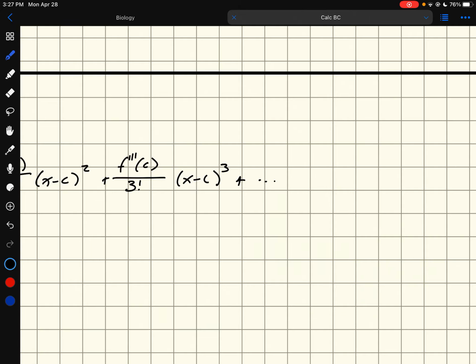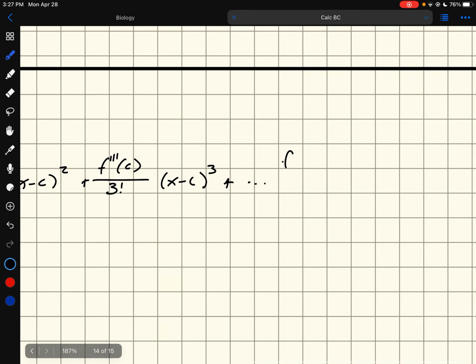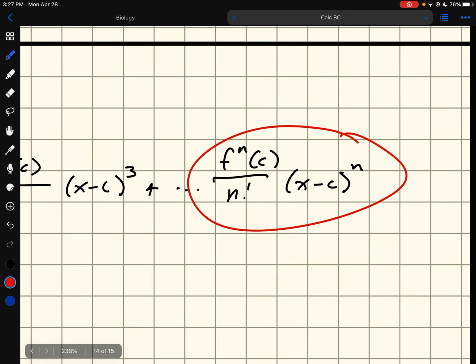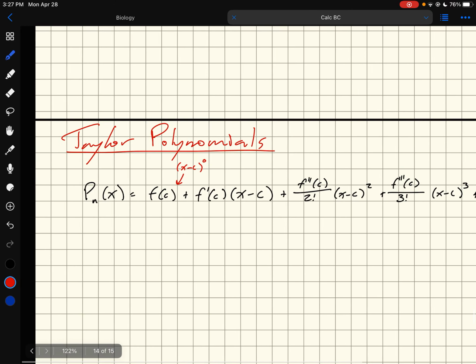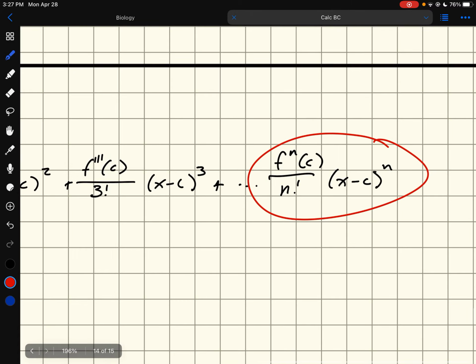And the way we write it out is f of n at c over n factorial, and then times x minus c to the n. So this is the format that this Taylor polynomial follows.